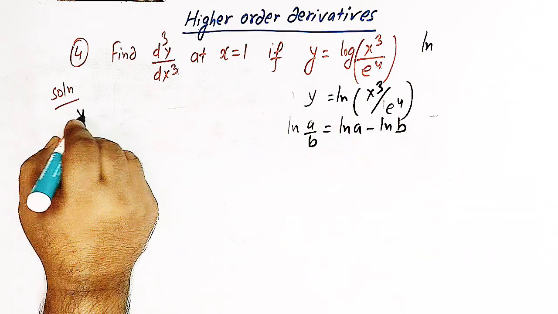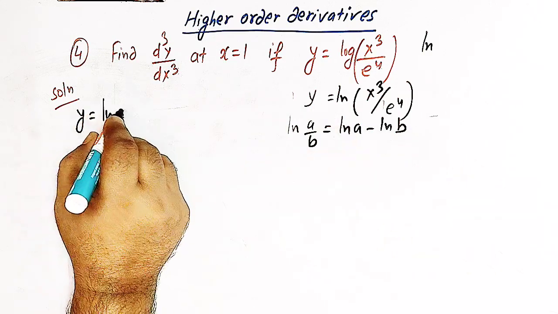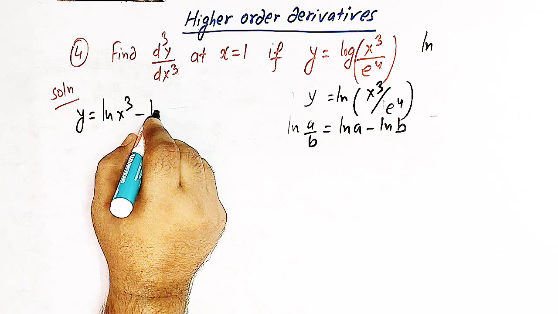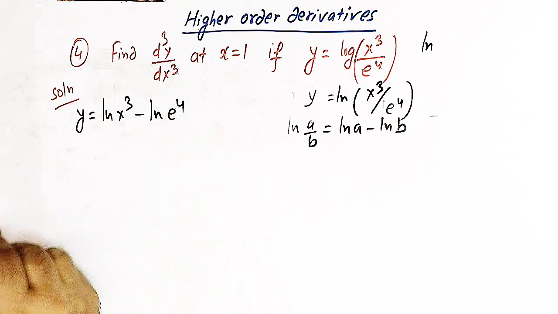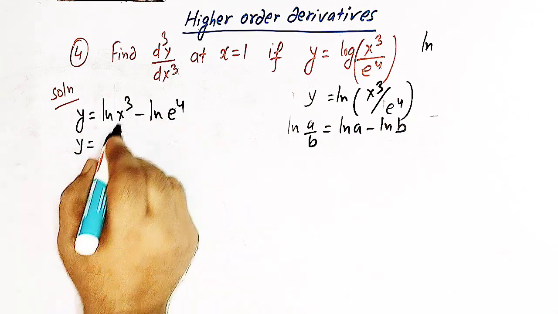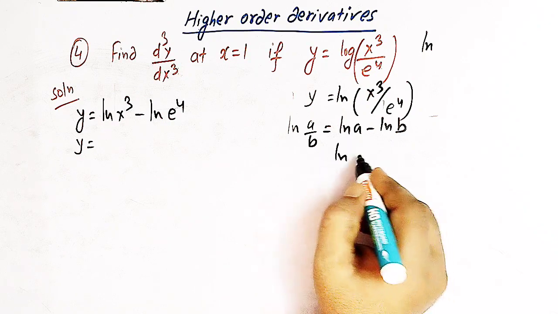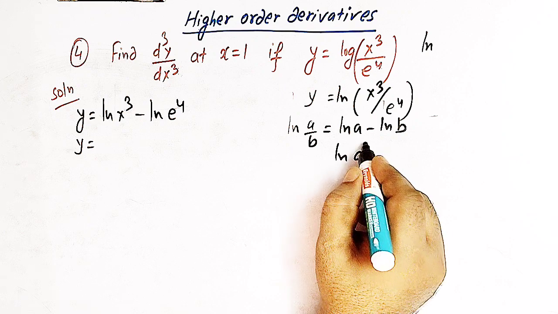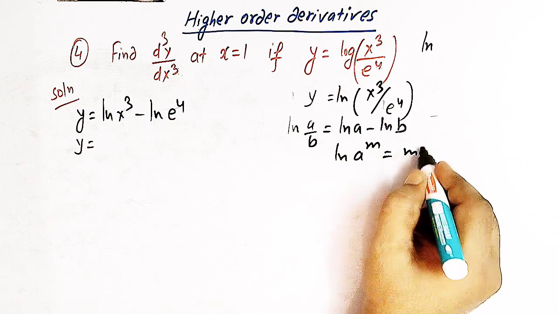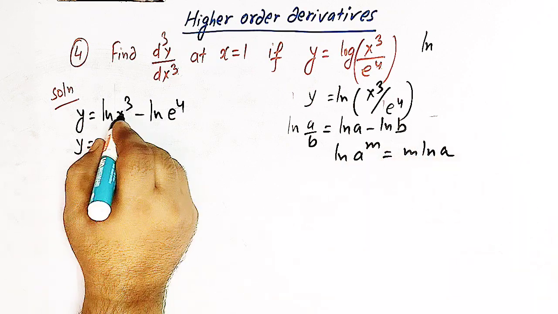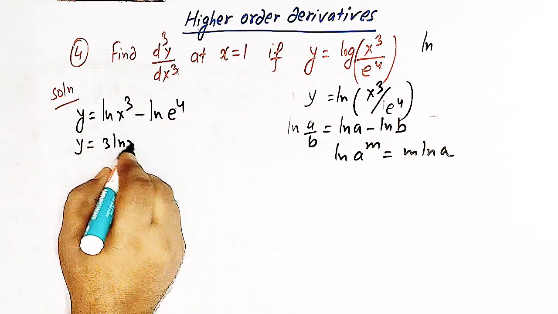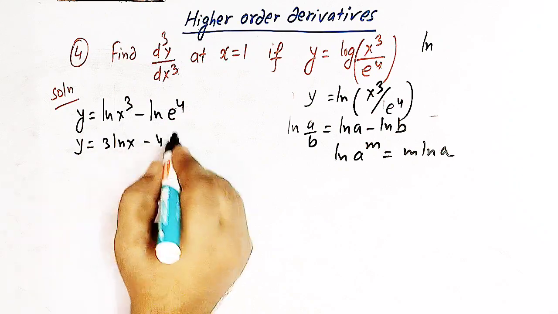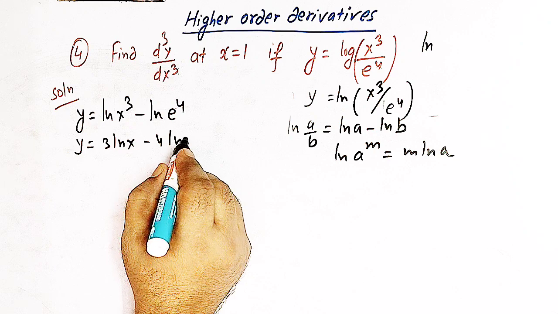So we can now write y is equal to log of x cube minus log of e raised to 4. So this is y, and again using the properties of log, log of a raised to m is m times log of a. So here we have 3 times log of x, and here we have 4 times log of e.